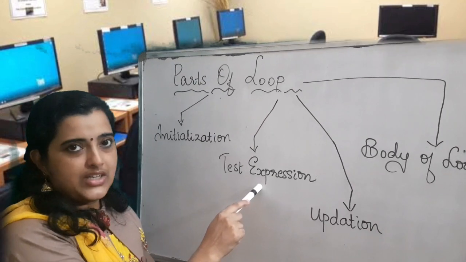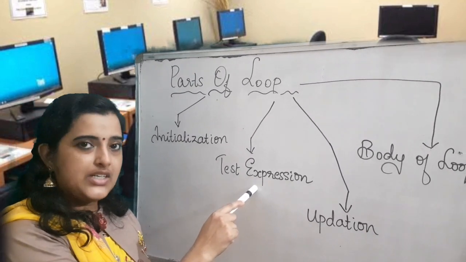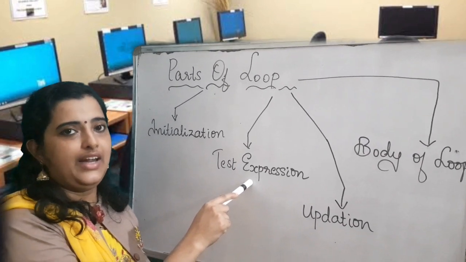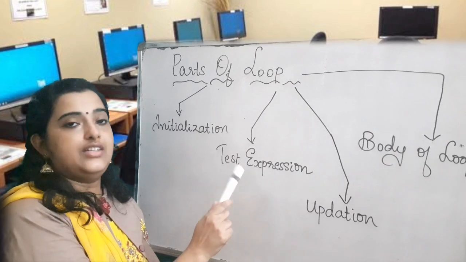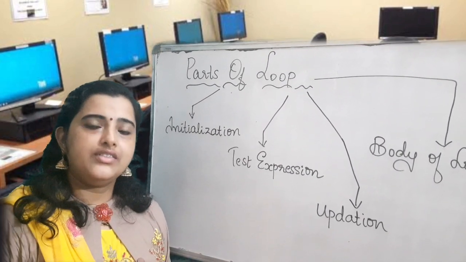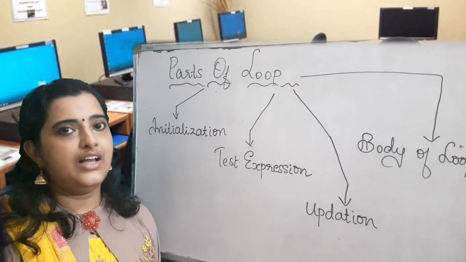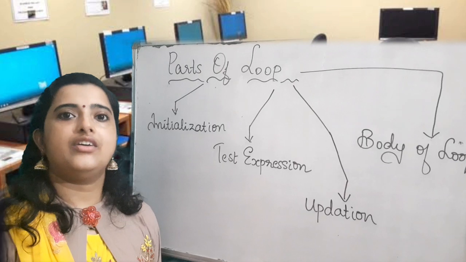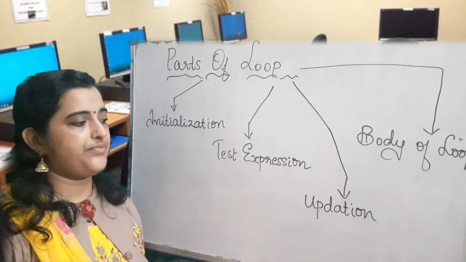If this expression evaluates to true, which means Boolean value 1, then of course the body of the loop will be executed. If the test expression or condition which we are giving is false, then we cannot execute the loop statements. That is, the loop body will not execute even once.